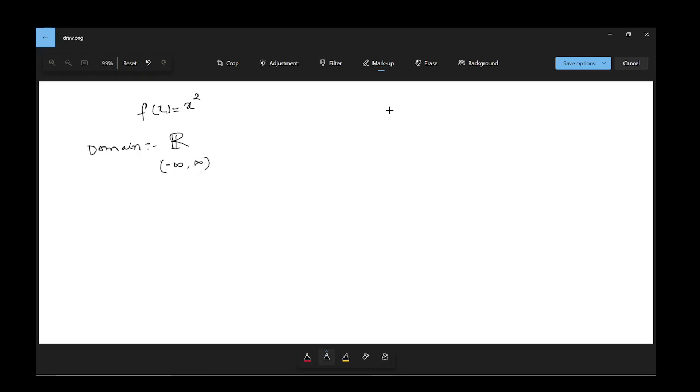Let us plot this function and see what values you get. If you put x equal to 0, f of 0 is 0 square, which is 0.